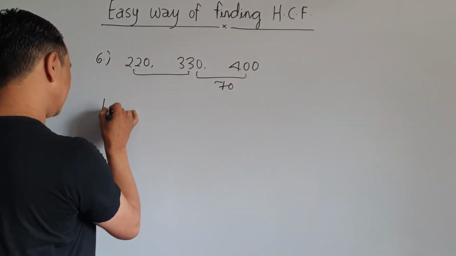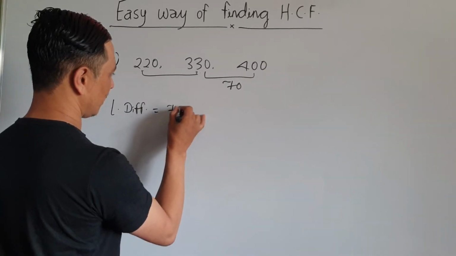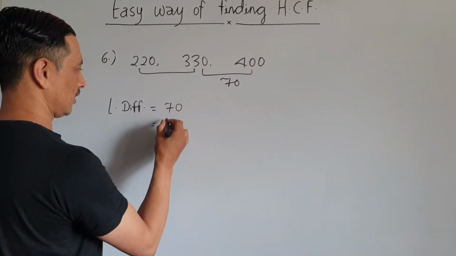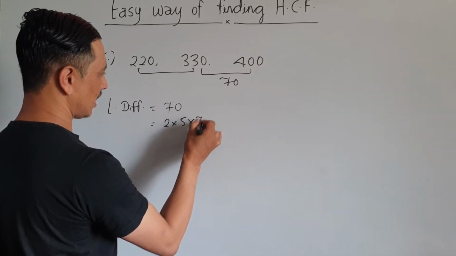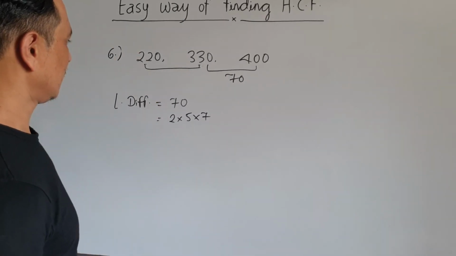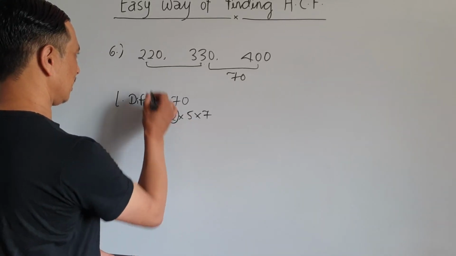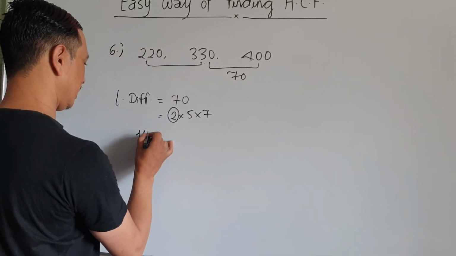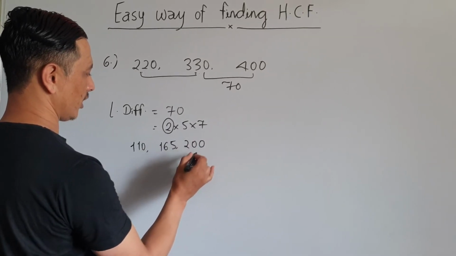So the least difference is 70, and now we find its factors. 70 is 2 times 5 times 7. For this we are going to check each factor against the numbers. 2 divides all the numbers, so we are going to take it. After dividing by this we get 110, 165 and 200.